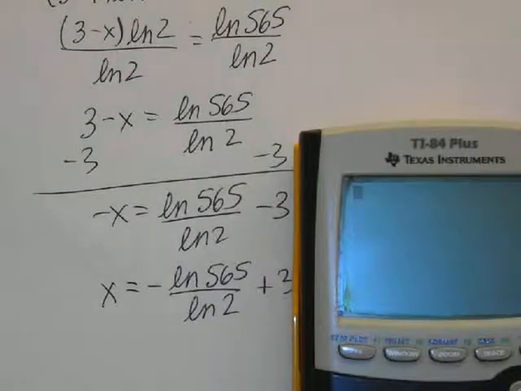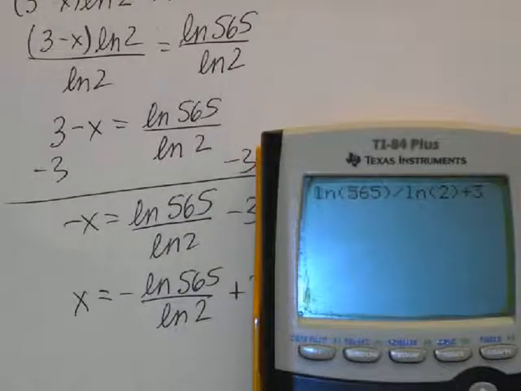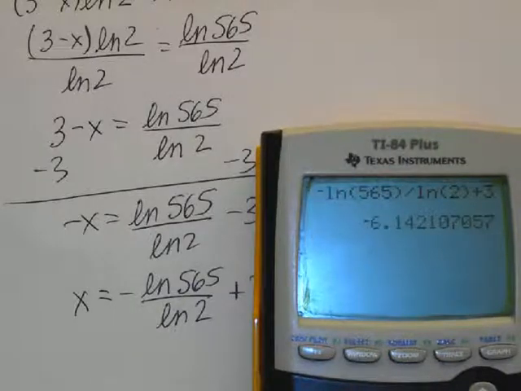So natural log 565 divided by natural log of 2 plus 3. Nope, I forgot the negative sign. Hold on. And I get about negative 6.142. Well, let's see if that works. I store that into x.